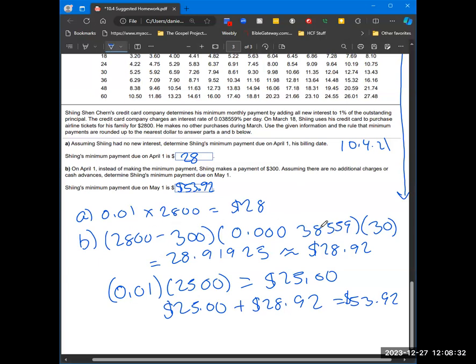We didn't keep making purchases here, so we didn't have to account for that. But there's an average daily balance technique where you keep track of when payments were made and how long a particular balance was carried and so on and so forth. That is more like what you would actually need to know to figure out how your credit card statement probably works for your bank or your credit card company.